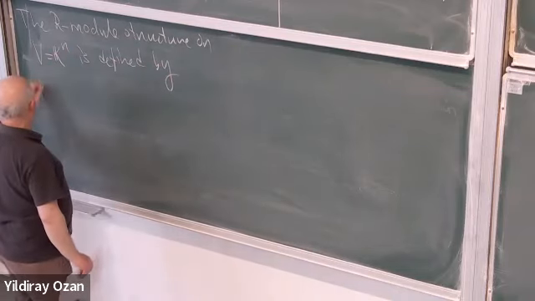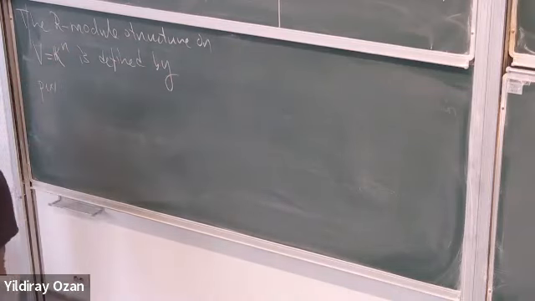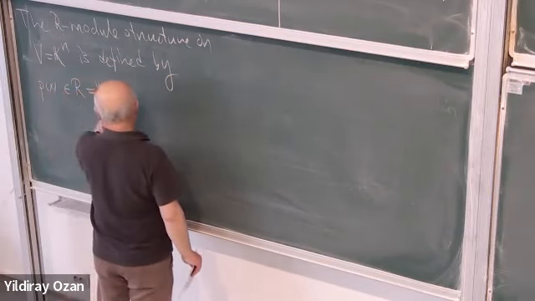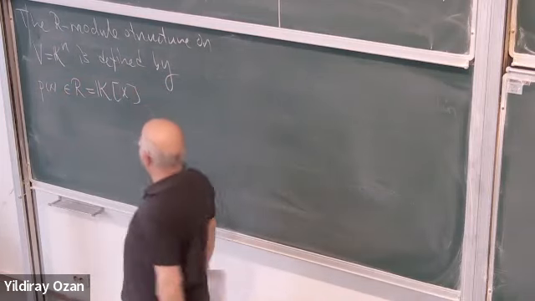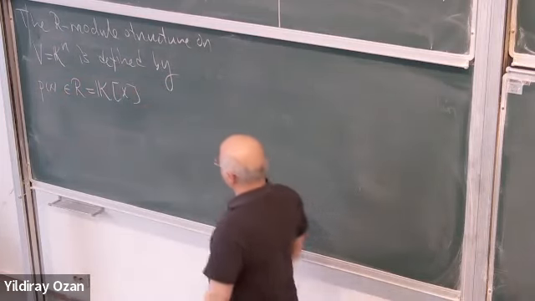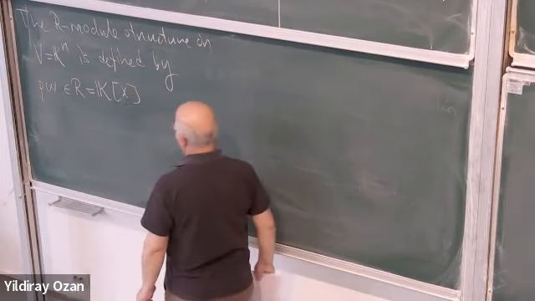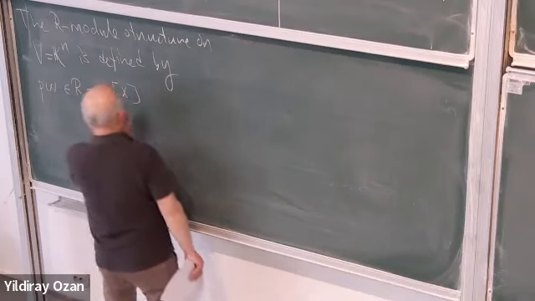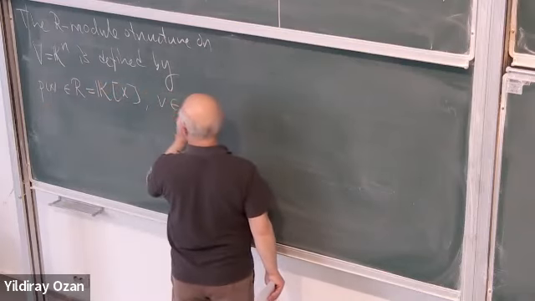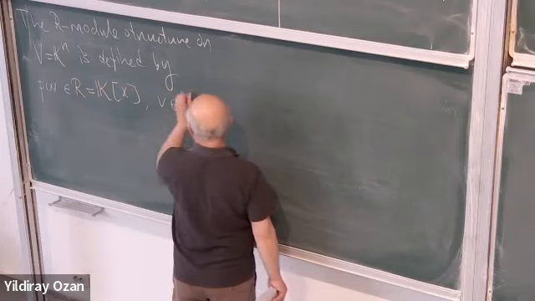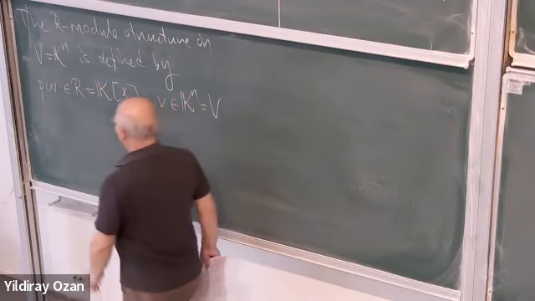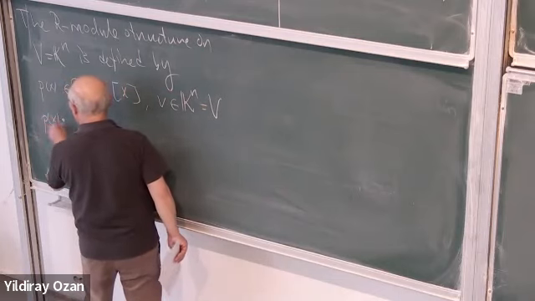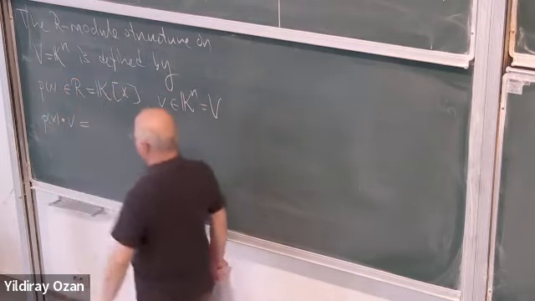Whenever you have a polynomial in this ring, which is the polynomial ring over the field K, and whenever I have a vector in K^n, we define the multiplication of this polynomial by this vector as follows.